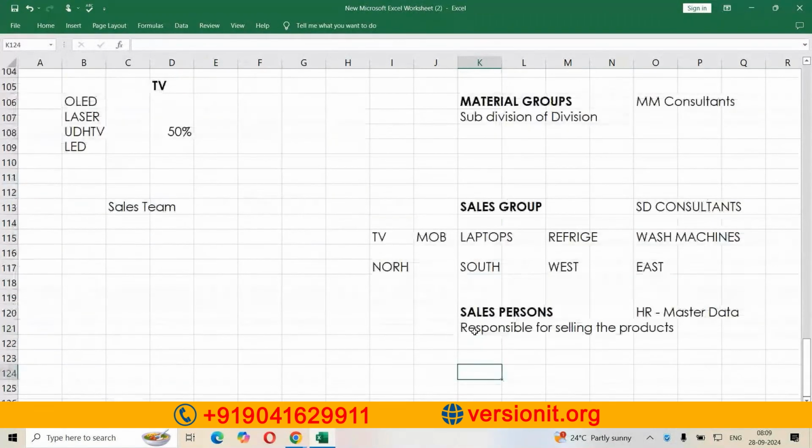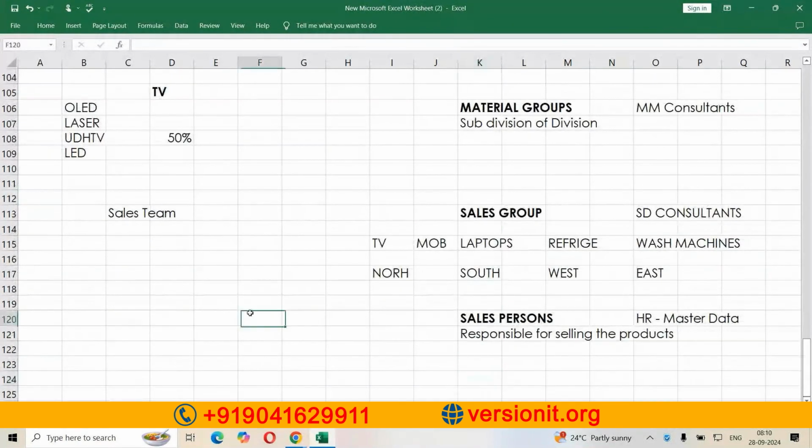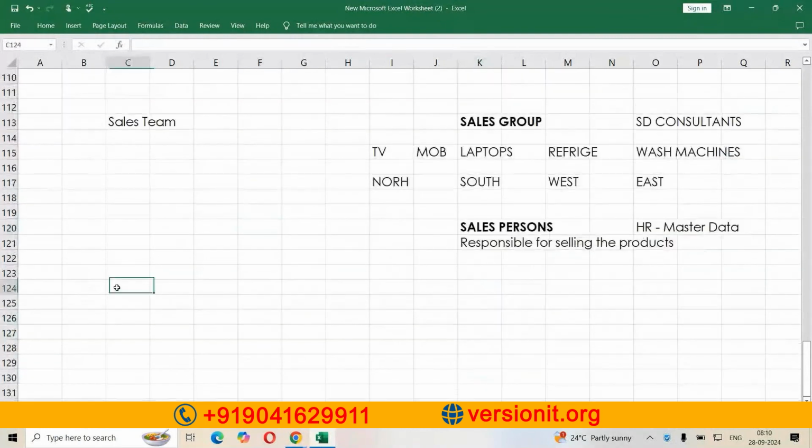And apart from this, in a business you're going to find a purchase department as well. Now, this purchase department is going to be responsible for purchasing the stock. Like how we have a sales team who will be responsible for selling the product, in a business you're going to have a purchase department which will be responsible for purchasing the stock.